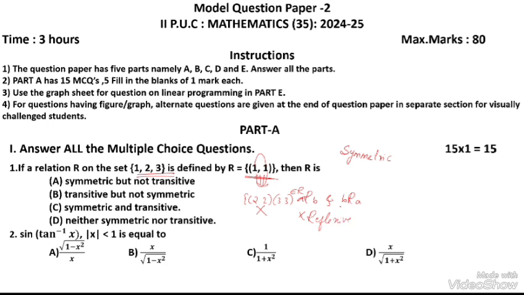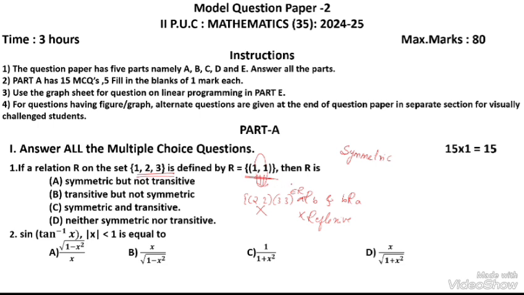Then we have to consider the third property, transitivity. There is only one pair here, (1, 1), and no other elements.